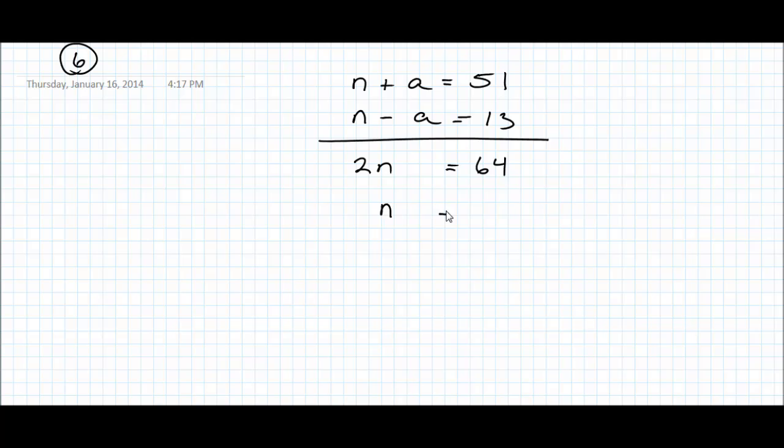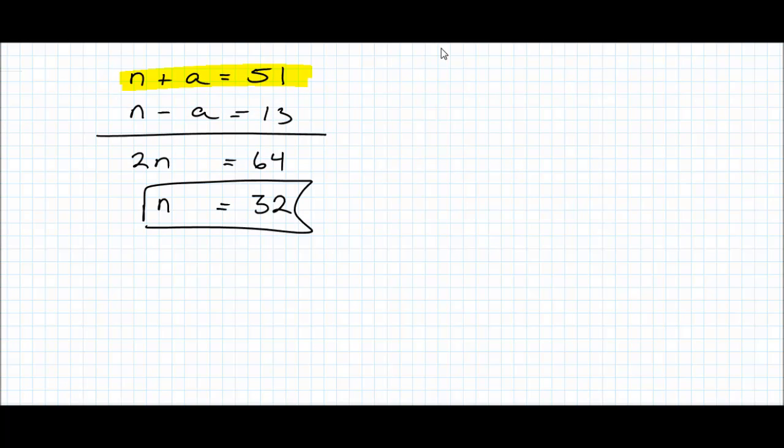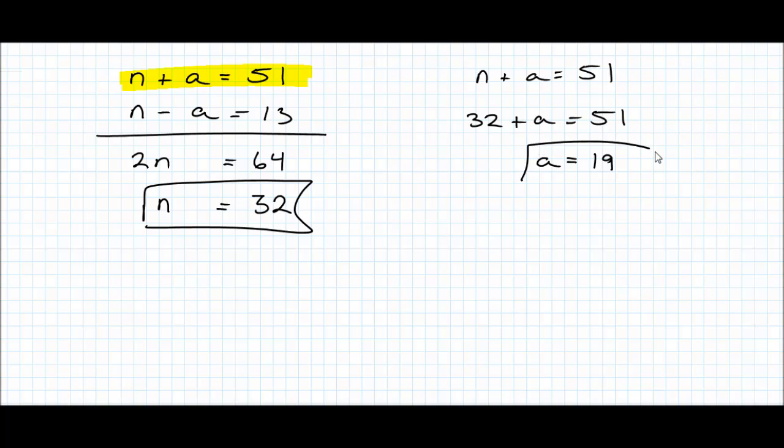Divide each side by 2, so n is going to be 32. Okay, so now we can just use the first equation. N plus a equals 51. 32 plus a equals 51. Subtract 32 from each side. So a is going to be 19.